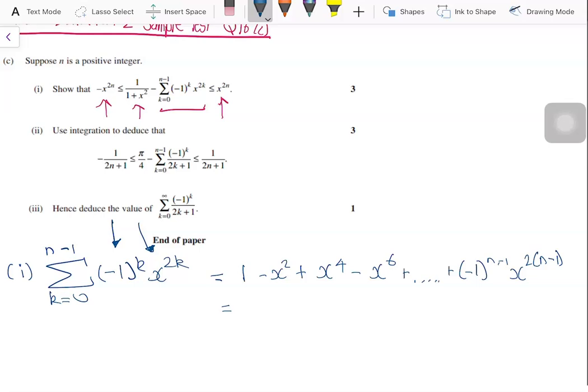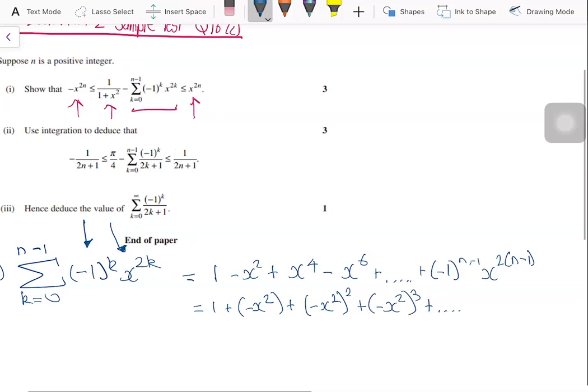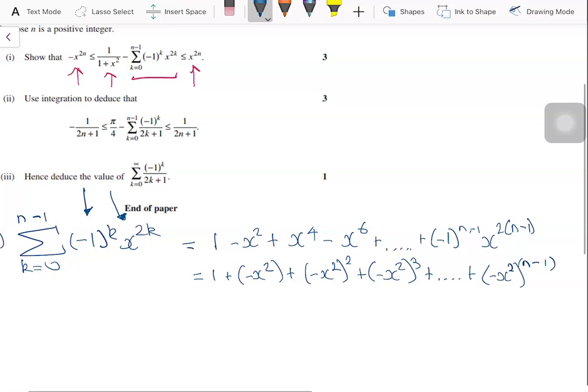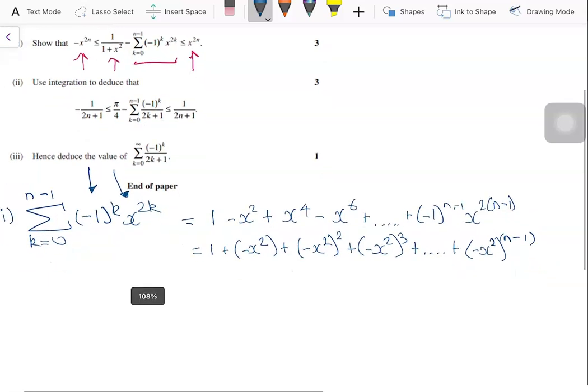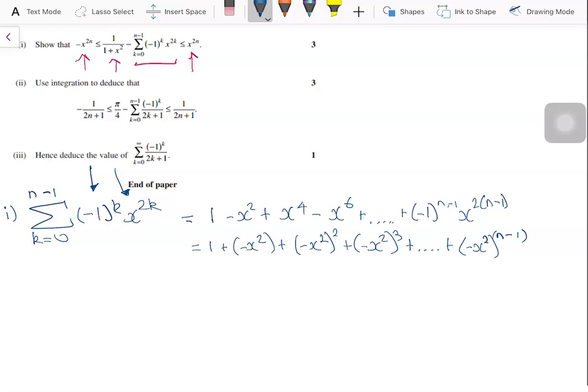And what I'll do is I can write this as powers of negative x squared like this. So if I put the negative sign with the x squared together, we'll have 1 plus negative x squared plus negative x squared squared plus negative x squared cubed plus so on, until it's plus negative x squared to the power of n minus 1. Okay, so now that we've written it like this, we can use a geometric series formula.